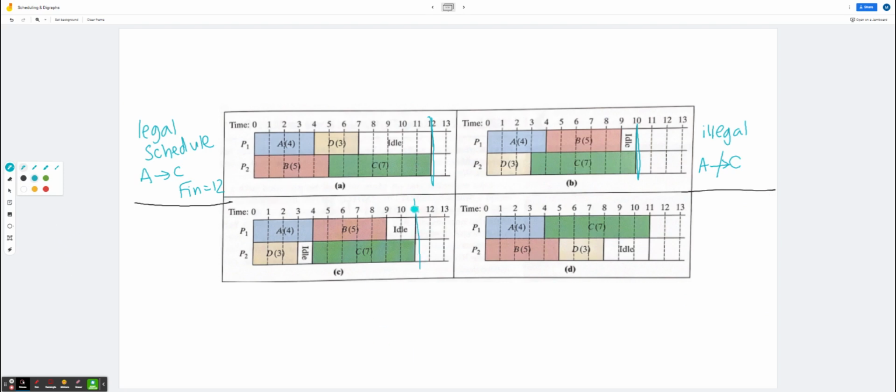Looking at these last two schedules here, they are both done in 11 hours. And these are both actually optimal schedules. So we'll say that the optimal time is 11 hours. So the shortest possible time that we can complete these tasks is 11 hours.